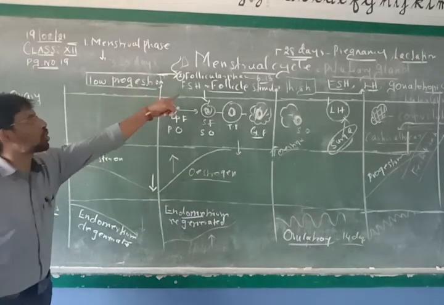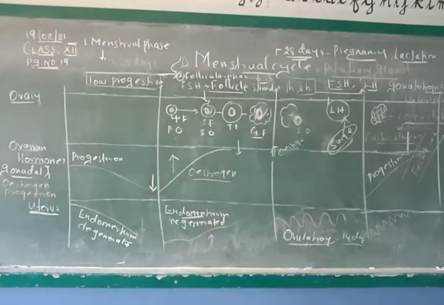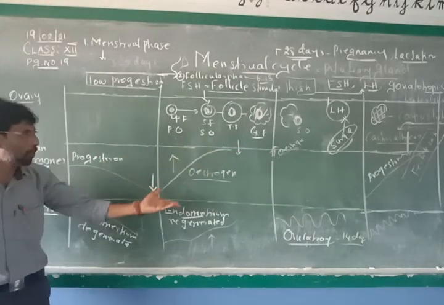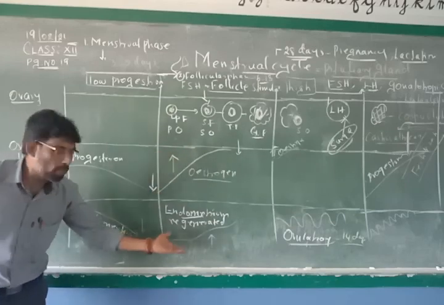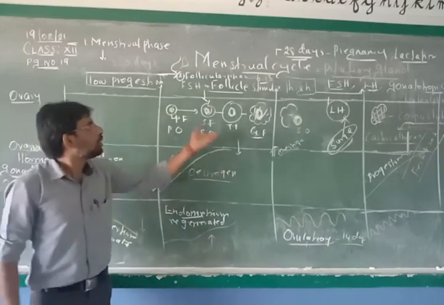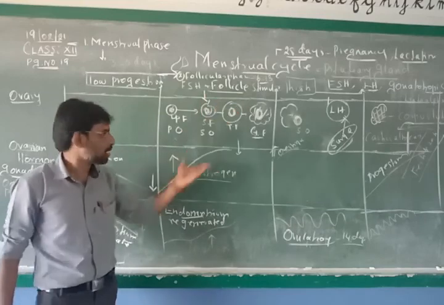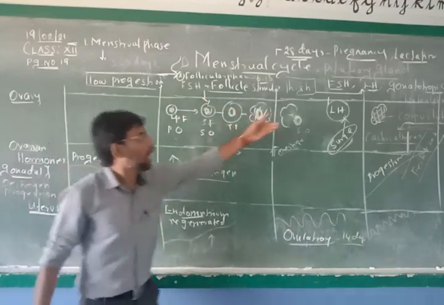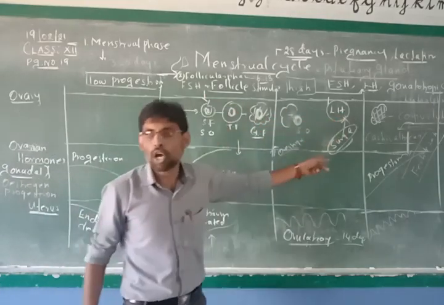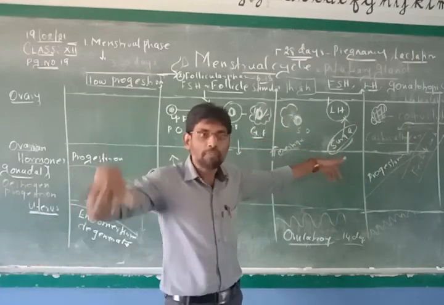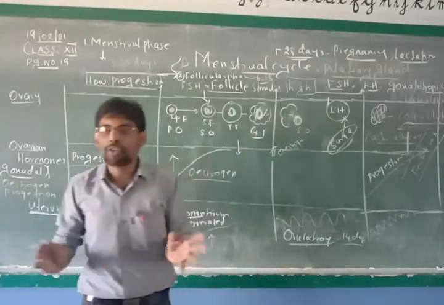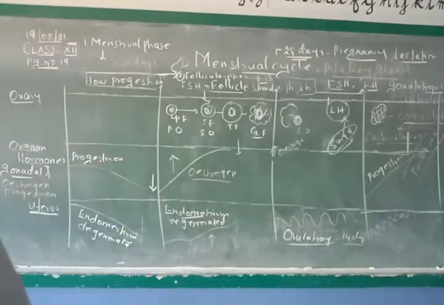So the low level of progesterone increases the stimulating hormone called FSH. And you know the role of follicle stimulating hormone in the ovary. By that time estrogen increases and the endometrium regenerates. This phase is 6 to 13 days. Whenever estrogen is high, LH hormone is induced. LH will have a peak surge so that the Graafian follicle ruptures and ovulation happens.